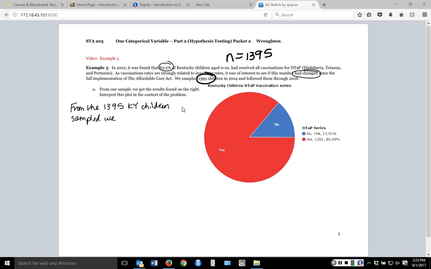We found 1,201, which was 86.09% of them, got the full DTaP vaccination.